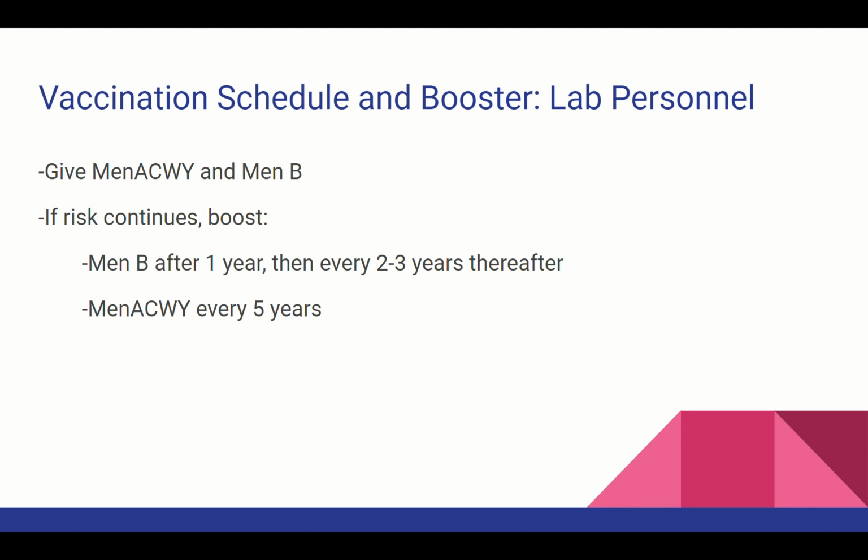If risk continues to be high, such as people working in the laboratory with these specimens, then after 1 year after the initial meningitis vaccine, we boost again, and then every 2 to 3 years thereafter, if someone continues to be in a high-risk population. After the 4-strain meningitis ACWY vaccine, we give 1 initially, and then we boost every 5 years.